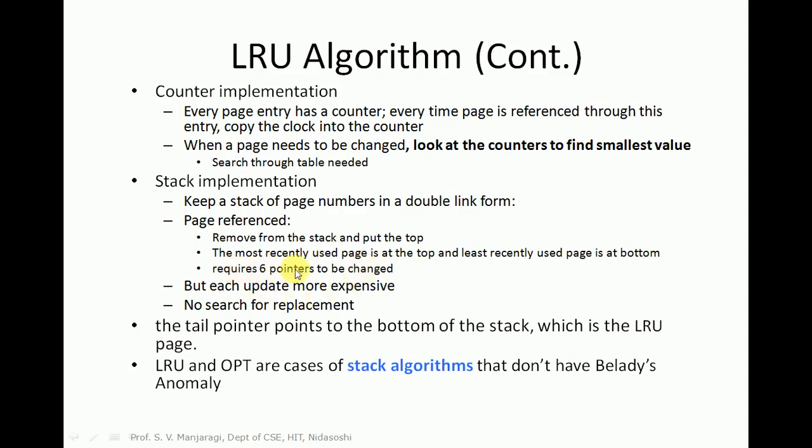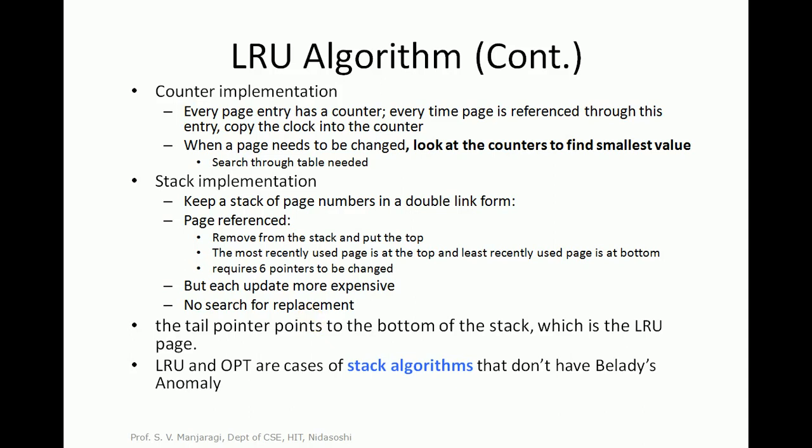The replacement policy is very simple, but it requires 6 pointers to be modified. So we need to alter 6 pointers for the implementation of this technique. Updating will be more expensive, but no searching is required for the replacement, because the replacement is very simple and straightforward.